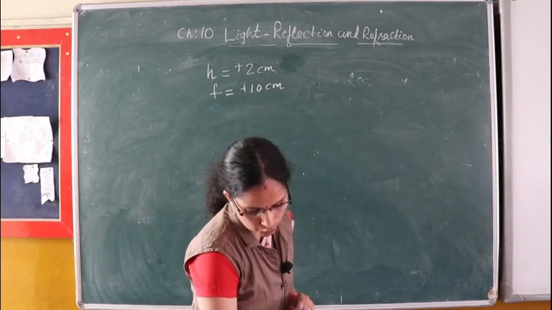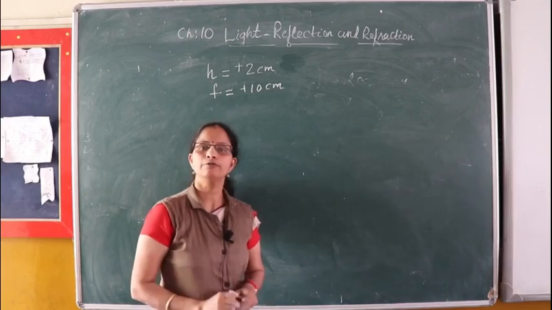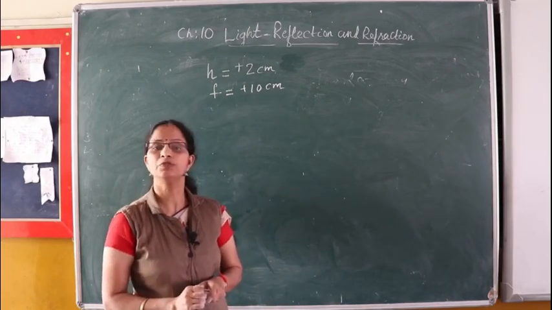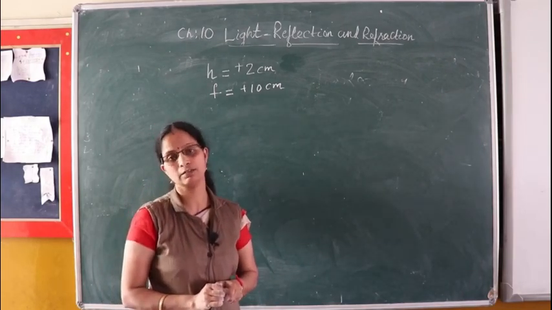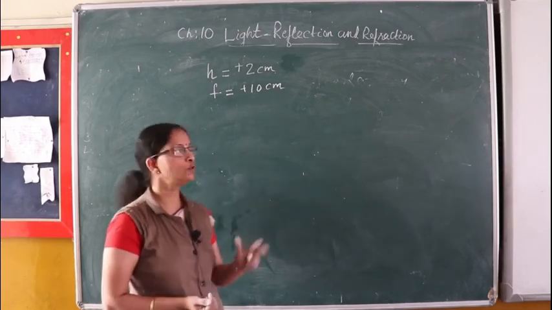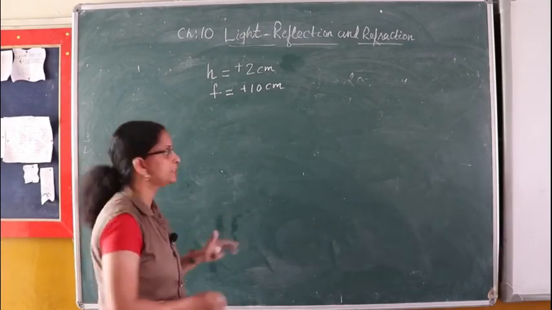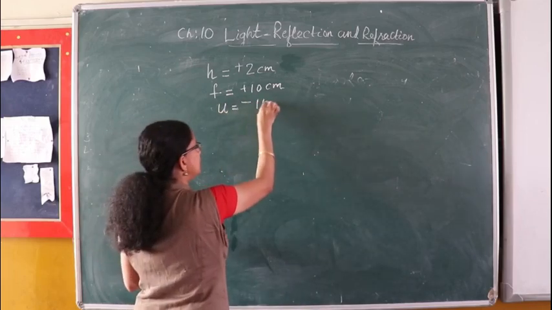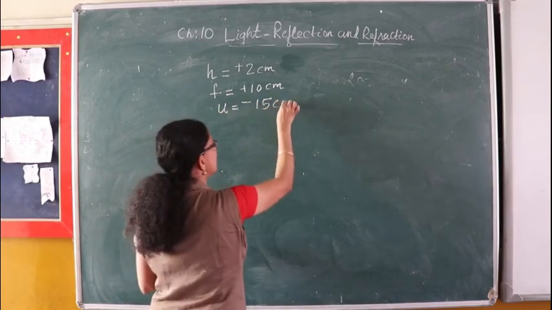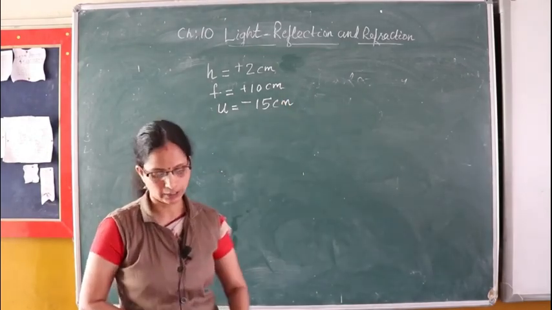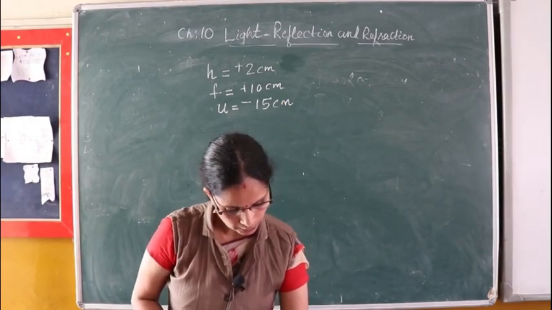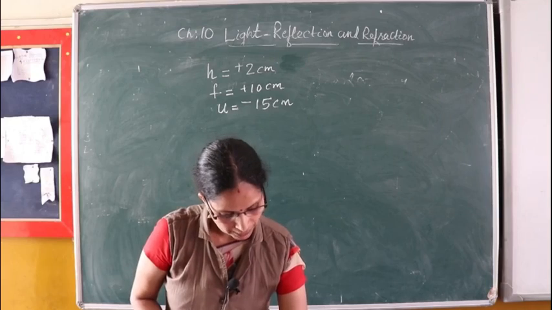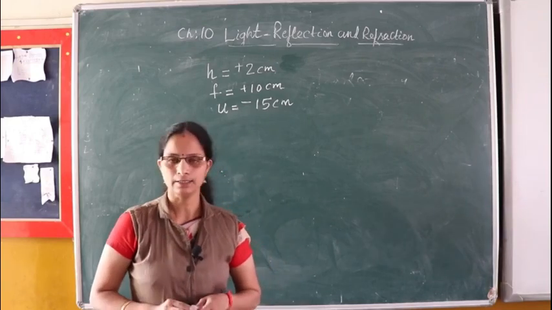The distance of the object from the lens is given as 15 centimeter. That means the object distance u is 15 centimeter, and we know that the object is always kept to the left side, so the object distance should be taken in negative sign, that is minus 15 centimeter. We have to find out the nature, position and size.